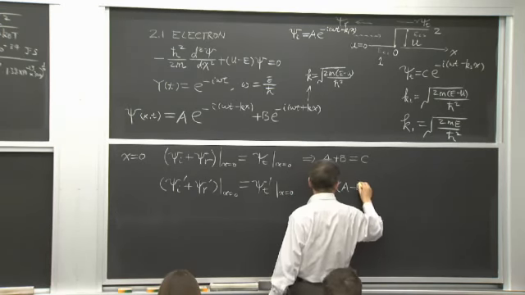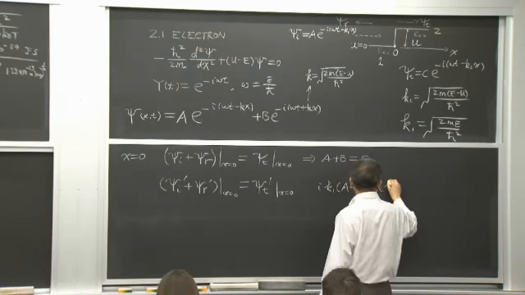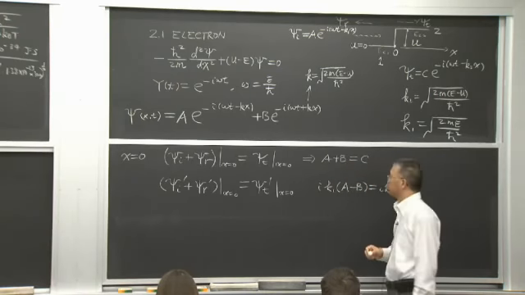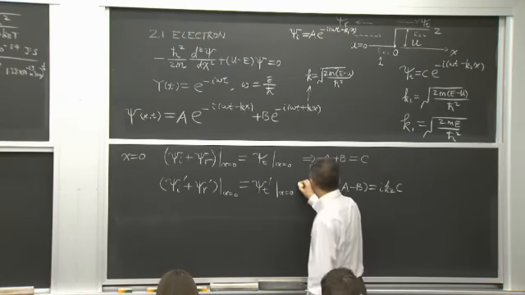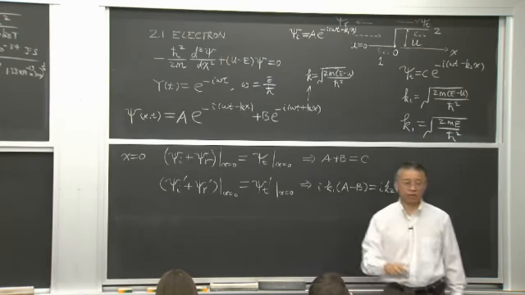So A minus B equals i k2 times C. That's the application of the two boundary conditions.